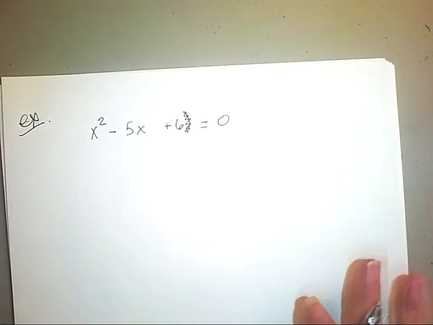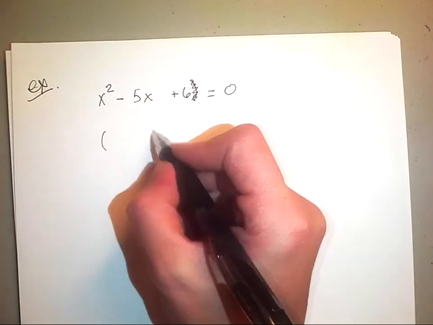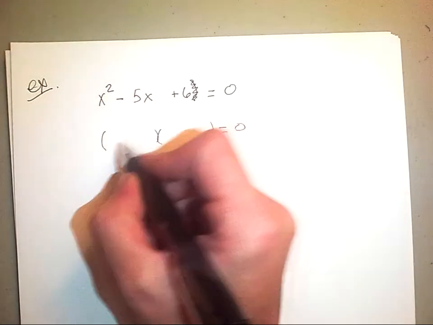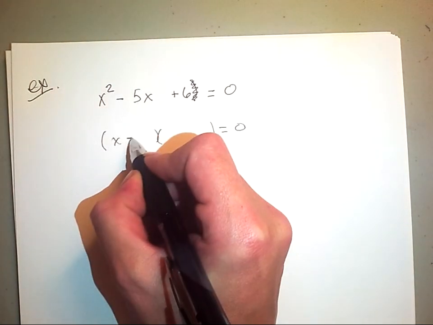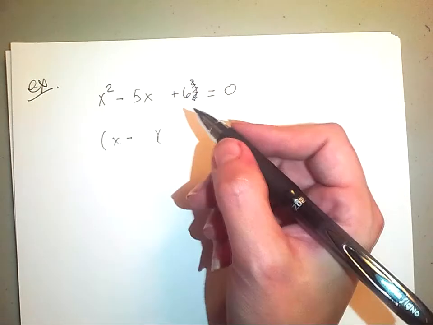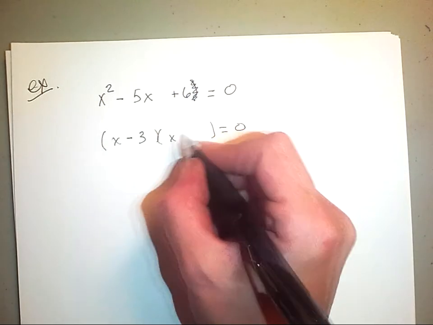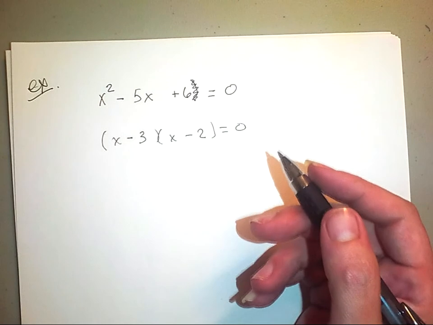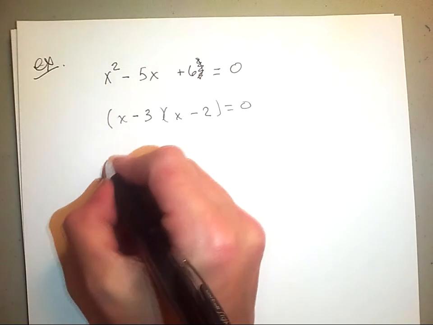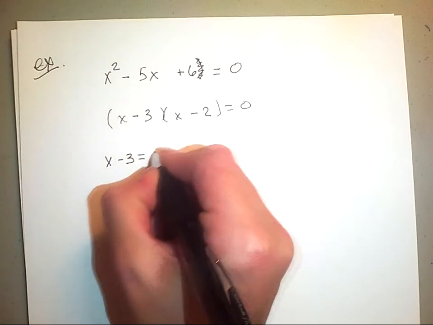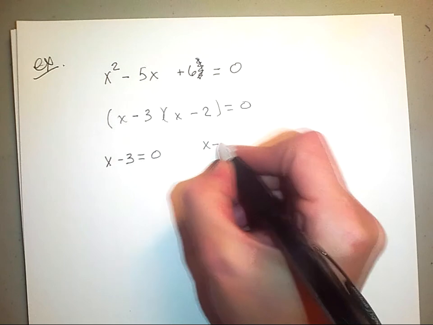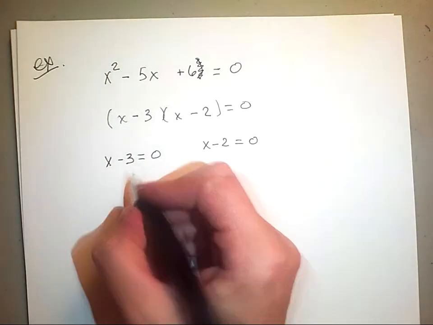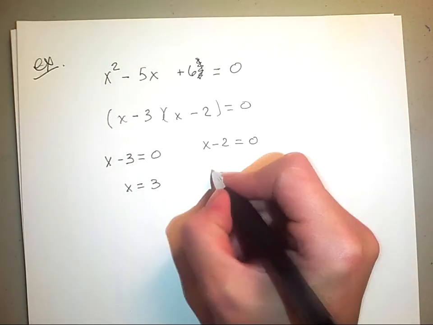Then we know that this factors into (x minus 3)(x minus 2). Then when we're finding the solutions, we break it apart. We say x minus 3 equals 0, or x minus 2 equals 0, and from there we can solve: x is equal to 3, or x is equal to 2.